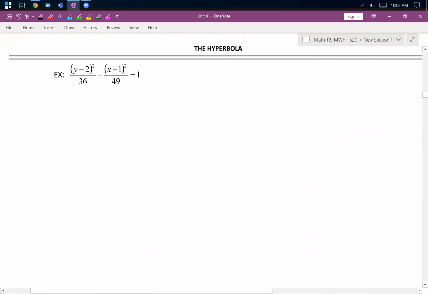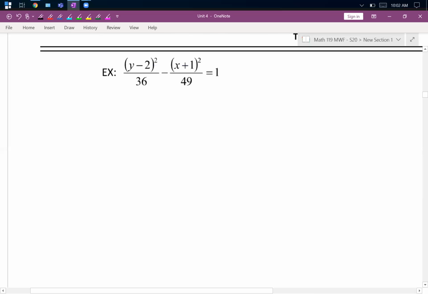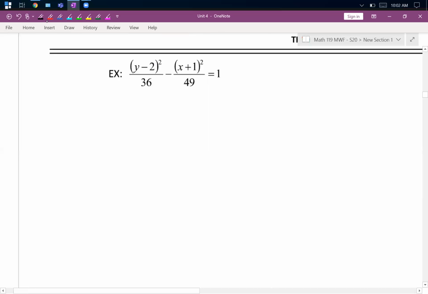So I see the minus sign, so that tells me hyperbola, tells me I need to pay attention to which variable is first. y is first, so we know that this is going to open in the y direction. This time our center is not the origin. What is the center going to be?